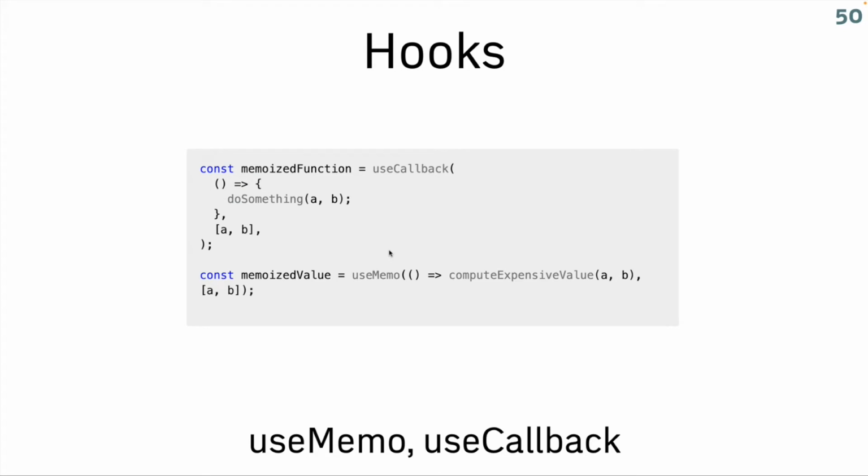Then I'm not going too deep into these two hooks, but they're basically used for memoization: useCallback for functions, and useMemo for all different types. The idea is if you have expensive calculations that you want to memoize, or also for referential equality.